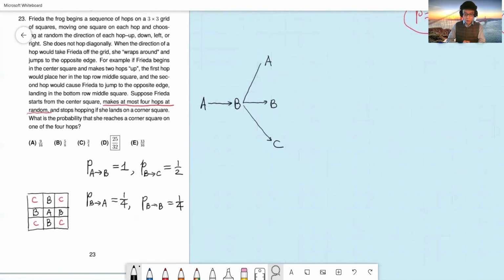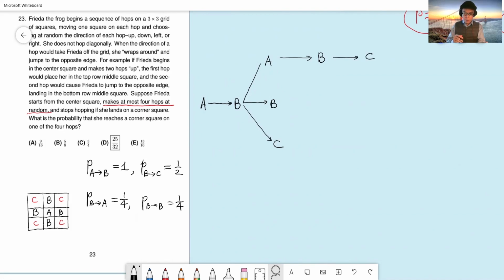Now, if it goes to A, the next hop can only be B. Once you hop from A, the next square must be B. And remember, we have at most 4 hops. In order to reach C from B, we must go to C. That's the first case.